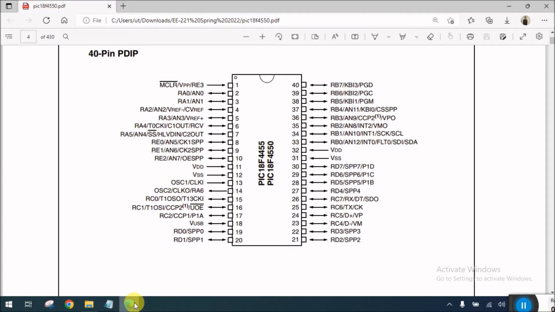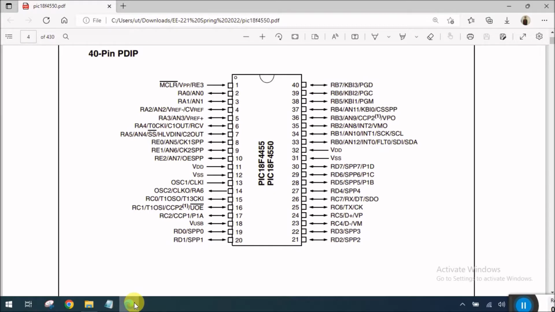One of the topics that was missing in my previous lecture series was related to the input-output ports of PIC microcontroller. So in this course, we have been studying the PIC18 4550 microcontrollers, and here is the pin diagram of that microcontroller.